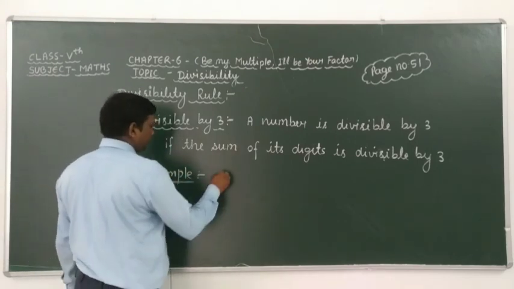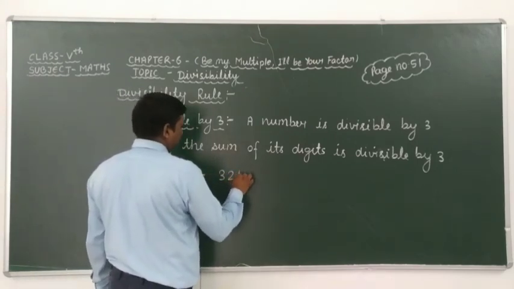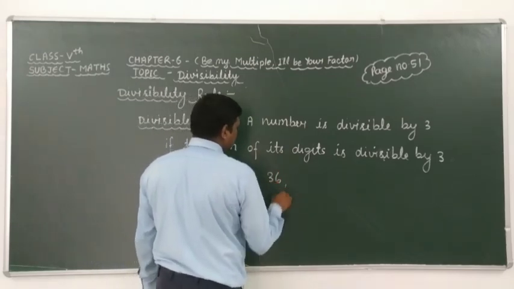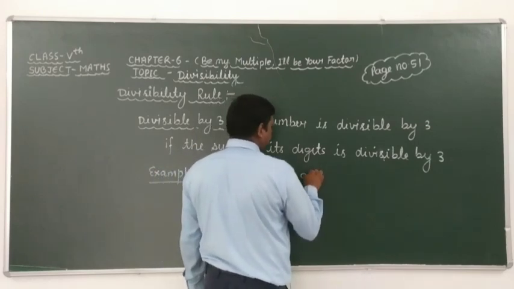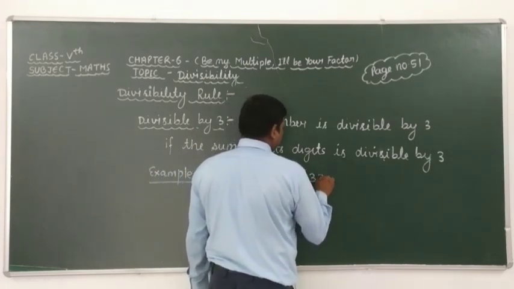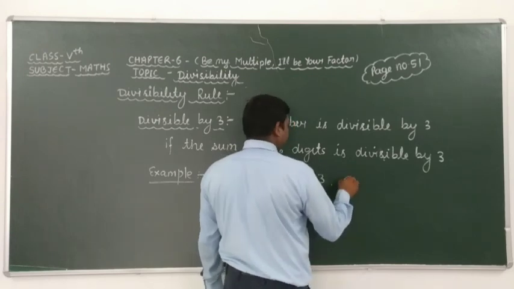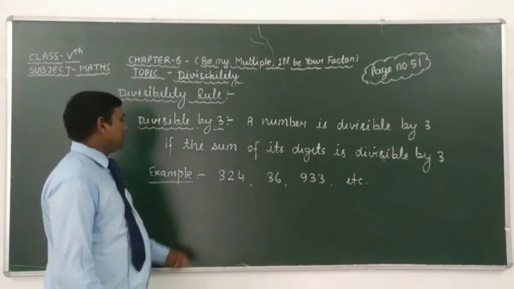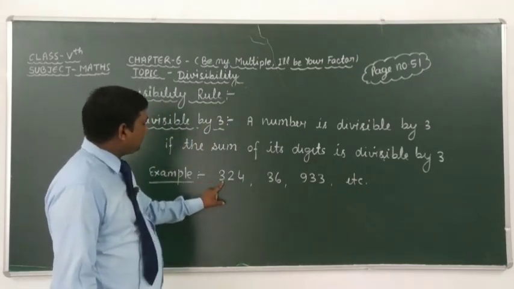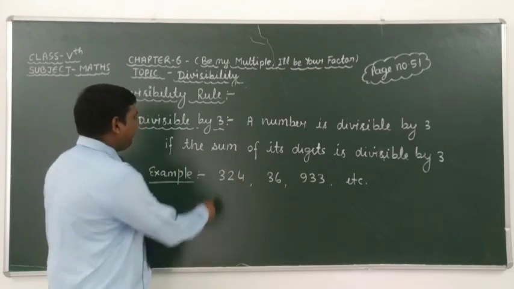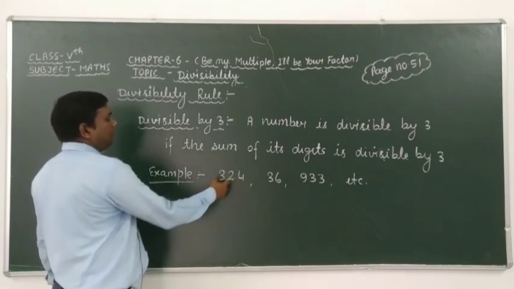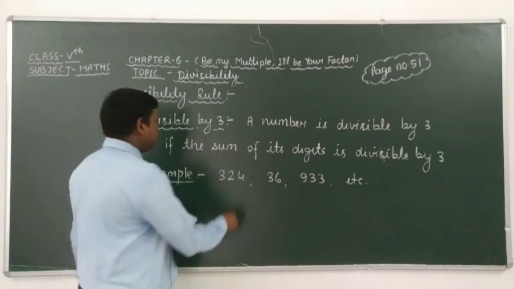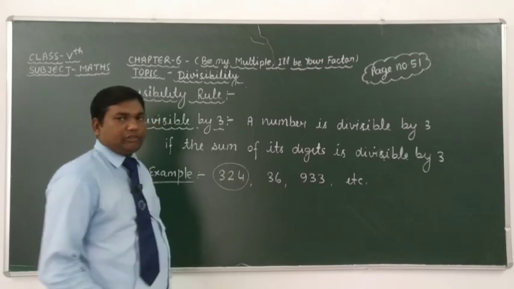Look, 324, 36, 933, etc. Dear students, look at here carefully. In this question here given that 324, if the sum of all digits is divisible by 3, then we can say that the given number is also divisible by 3.